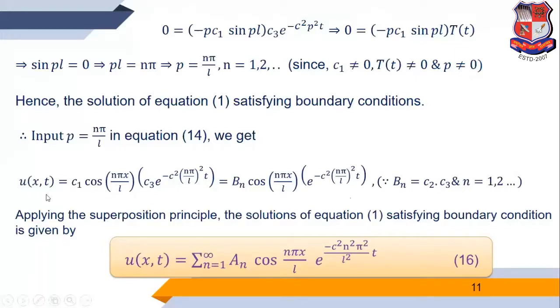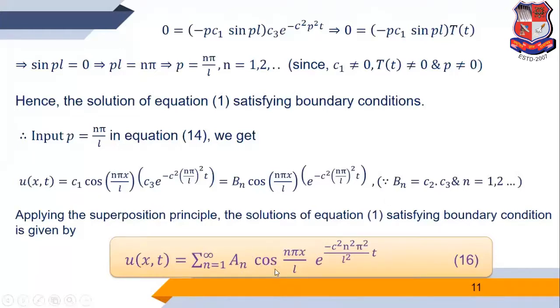Now in this equation, we are applying the superposition principle. The solution of equation 1 satisfying the boundary condition is given by u(x,t) is summation n is 1 to infinity an, yeah. We consider an is also constant, bn is also constant, but here the term is cos, so we consider an.